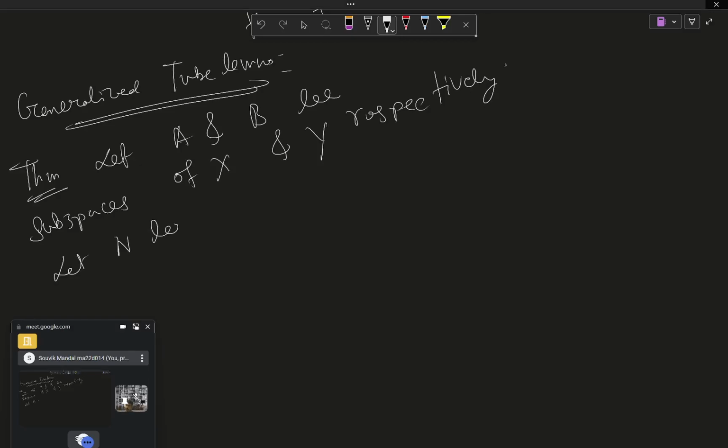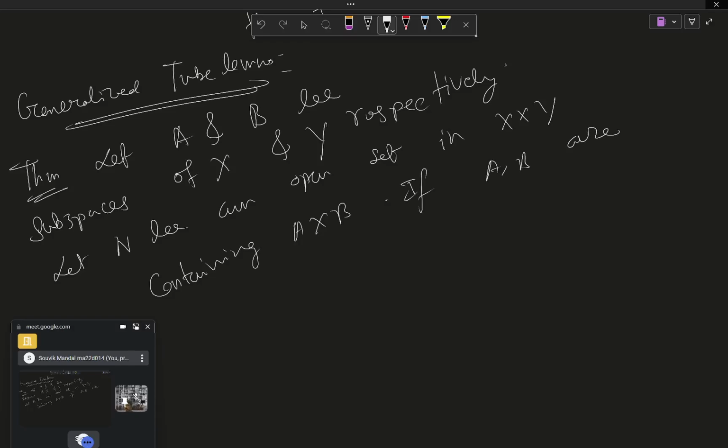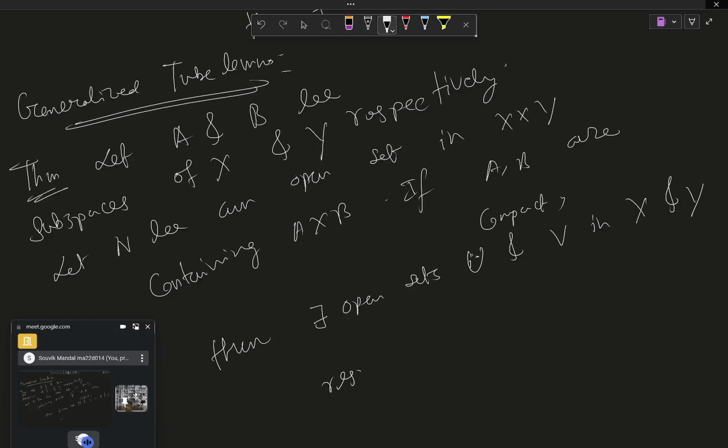Let N be an open set in X cross Y containing A cross B. Now the statement is that if A, B are compact, then there exist open sets U and V in X and Y respectively such that A cross B is a subset of U cross V, which is a subset of N. So this is the statement.